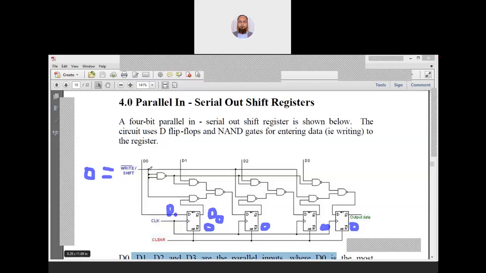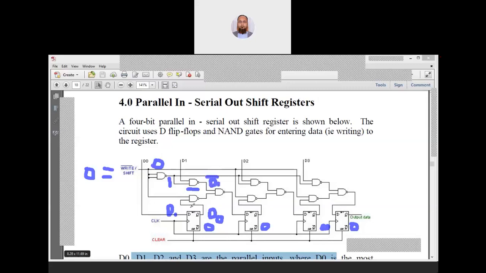So what happened here? These two are connected to this NAND gate. Both inputs are connected to this line, which is 0, so 0 0 means the output is 1. So 1 and D1 are the inputs to this NAND gate, so the output will be 1 into D1 bar, which is D1 bar.